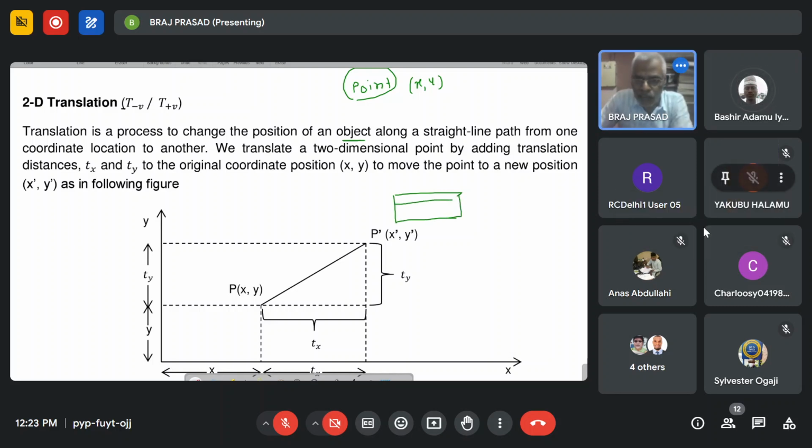Suppose our rectangle width is 2 and length is 3. So there are 3 columns and 2 rows. This is a point. This is a point.